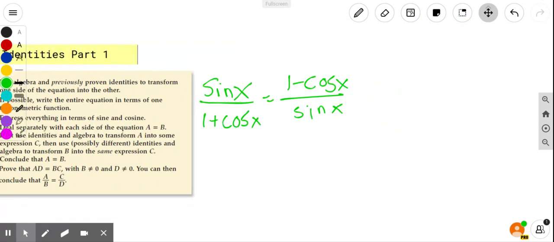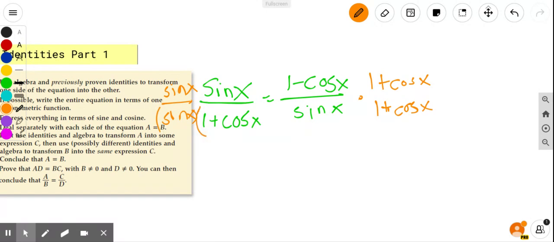So what that would involve is I would have to multiply this by 1 plus cosine of x top and bottom. Now I'd have to multiply this by a sine of x top and bottom. Right? Because now I have sine of x times 1 plus cosine, sine of x times 1 plus cosine. These denominators are exactly the same. So once I do that and I simplify the numerators, I can state whether or not this would be equivalent.